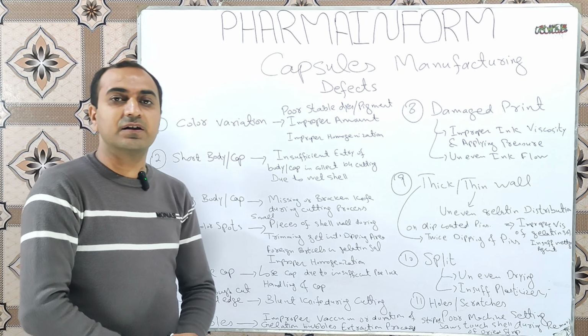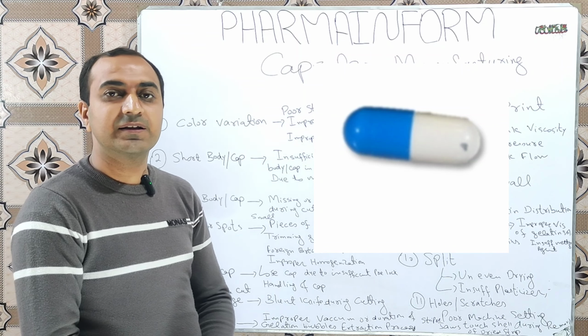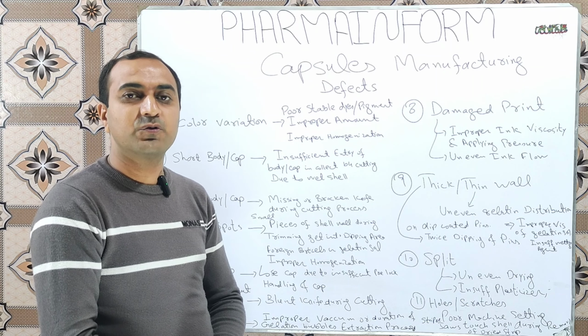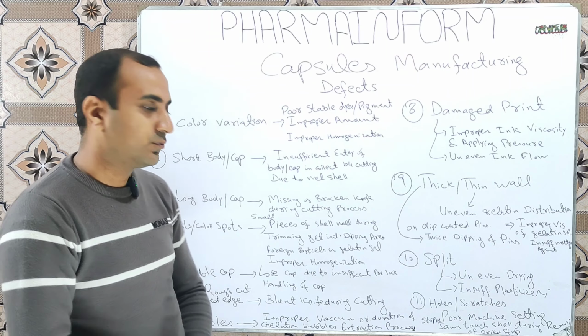Next one is the color spots or dots on the empty hard gelatin capsule shells. What are the reasons why dots or spots of color are present on the empty hard gelatin capsule shells?